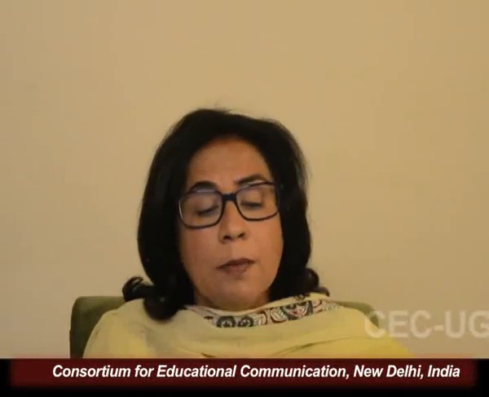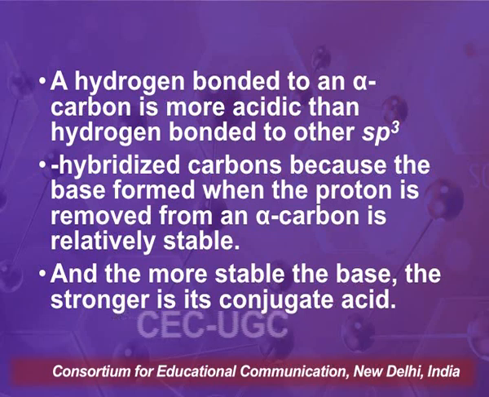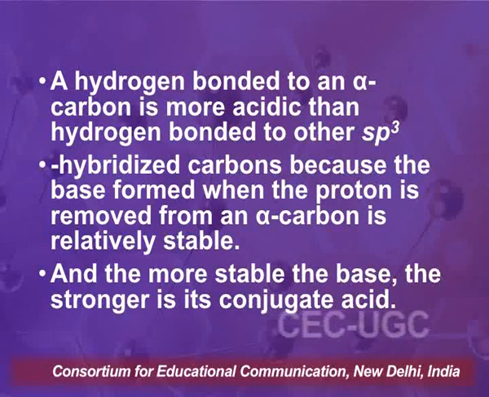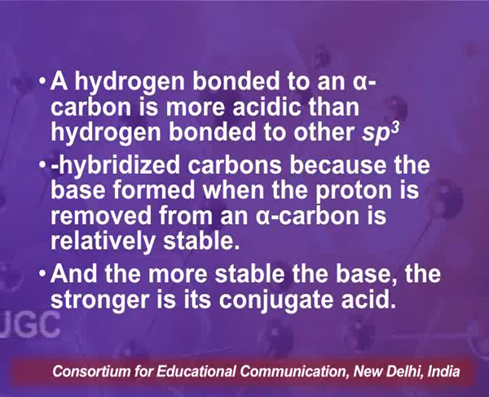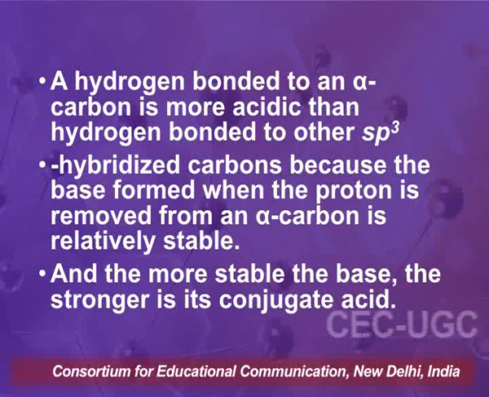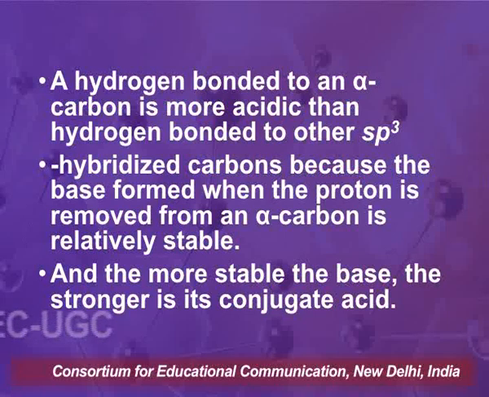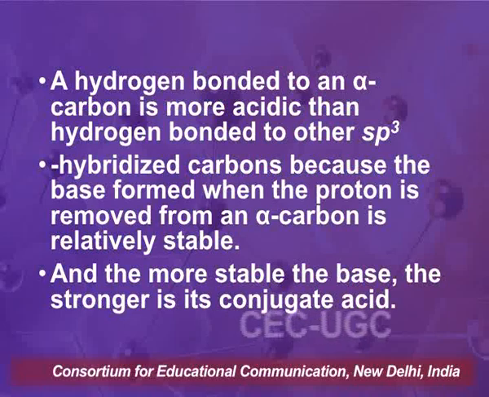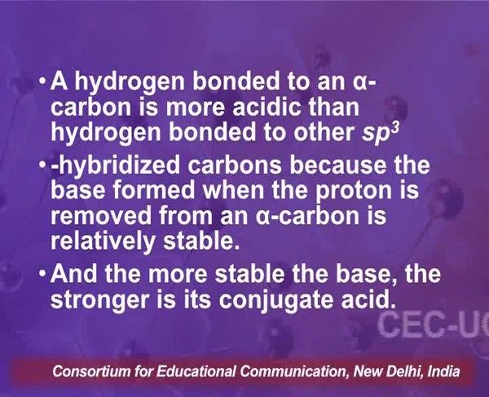A hydrogen bonded to an alpha carbon is more acidic because the base formed when the proton is removed from an alpha carbon is relatively stable, and we know if the base is stable, the conjugate acid will be acidic in nature.